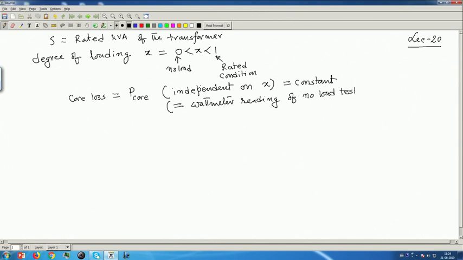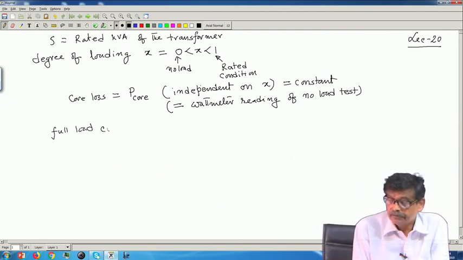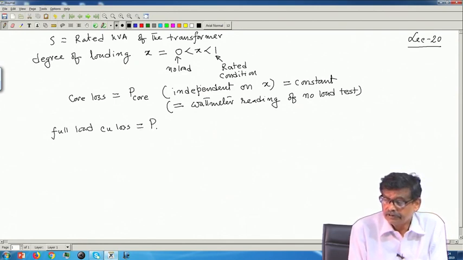So, this value is known, and then I defined the full load copper loss, using the notation PCU full load.